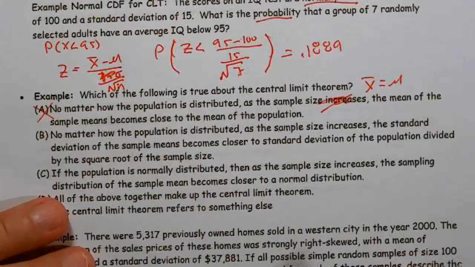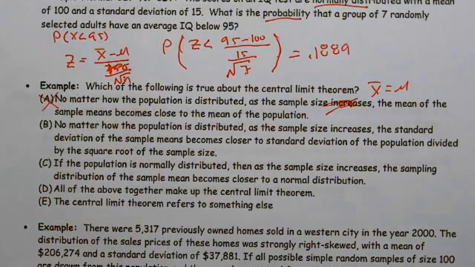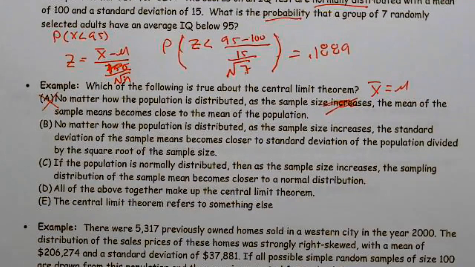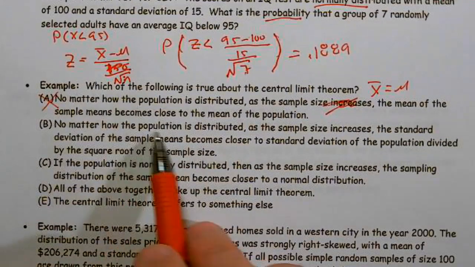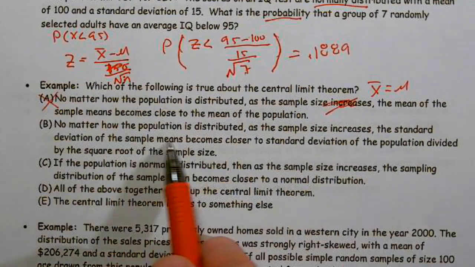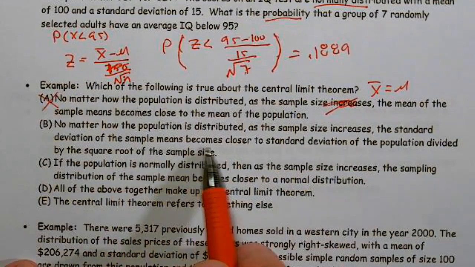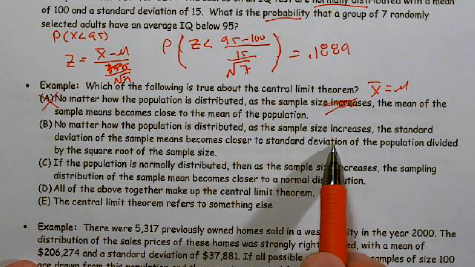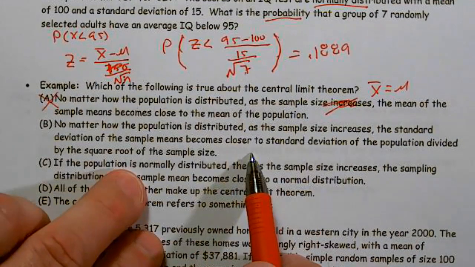Part B, no matter how the population is distributed, as the sample size increases, the standard deviation of the sample means becomes closer to the standard deviation of the population divided by the square root of the sample size.